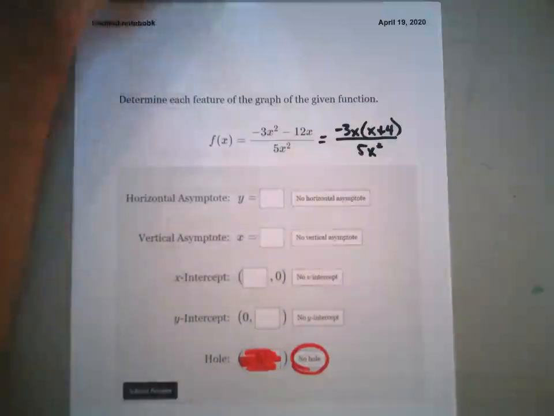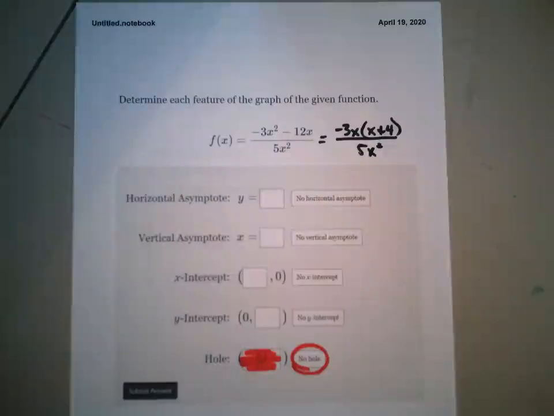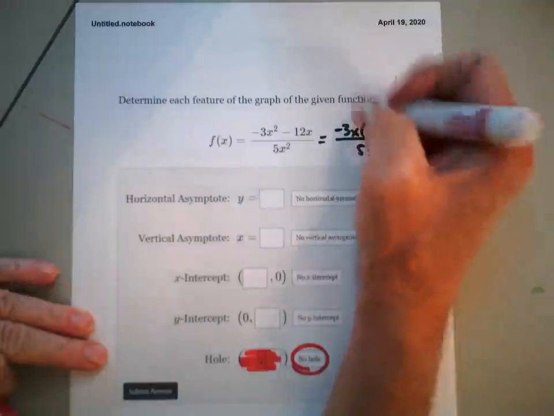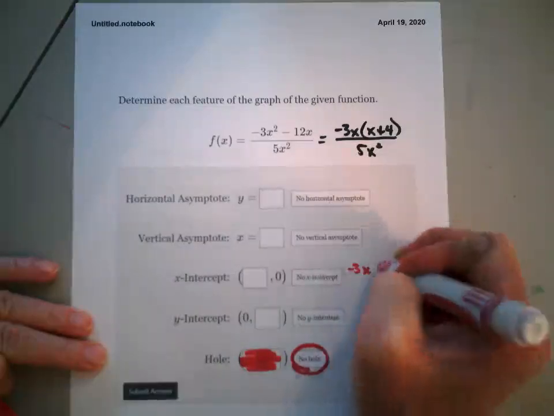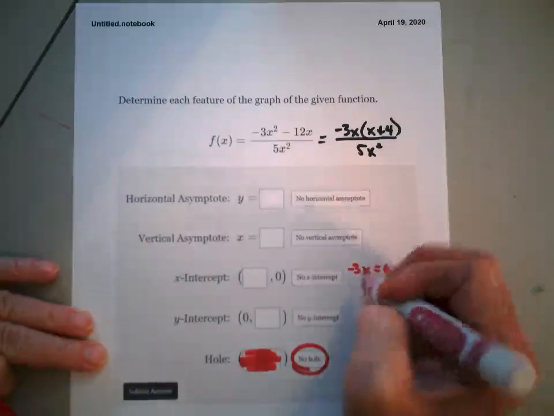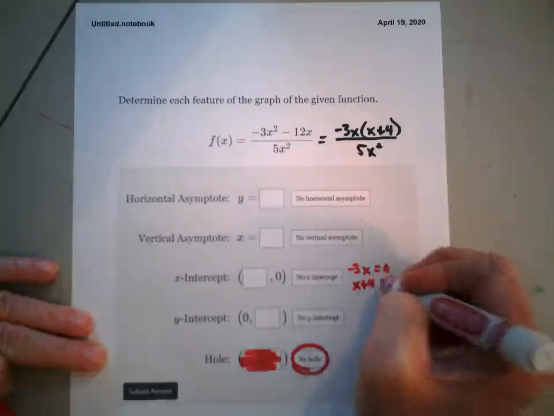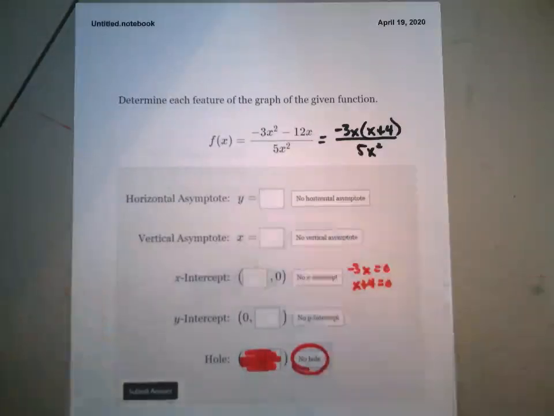The next thing we want to go to is the x-intercept. X-intercept comes from solving: negative 3x equals 0, and x plus 4 equals 0. So it looks like we have two x-intercepts on this problem.